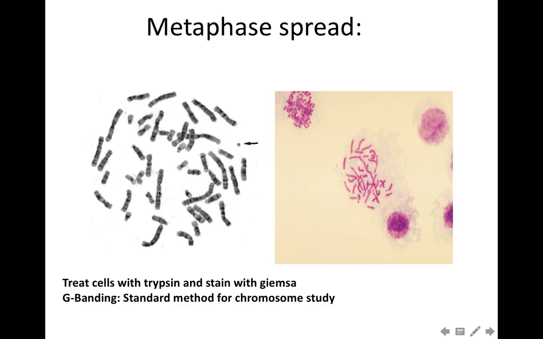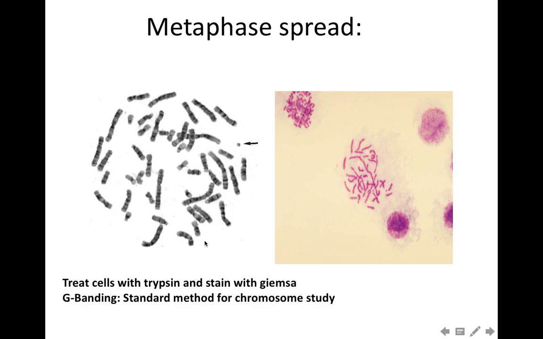banded, which means they show a pattern of alternating dark and light bands, like dark and light stripes. What made them appear this way? We treated the cells with trypsin, which is a proteolytic enzyme that digests the proteins surrounding the chromatin, followed by staining with Giemsa.